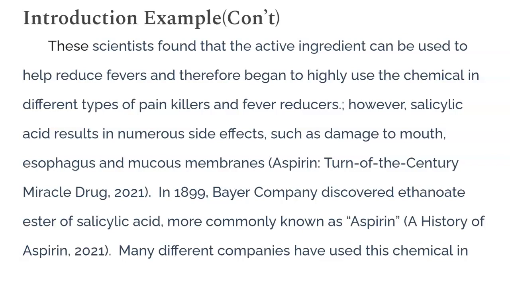It could damage your mouth, your esophagus, mucous membranes. It could cause you to throw up, all this stuff. So you can see that was researched and something was found there. Then in 1899, the Bayer Company comes up with this new ester of salicylic acid, commonly known as aspirin, and they are the first ones to patent and call the stuff aspirin.